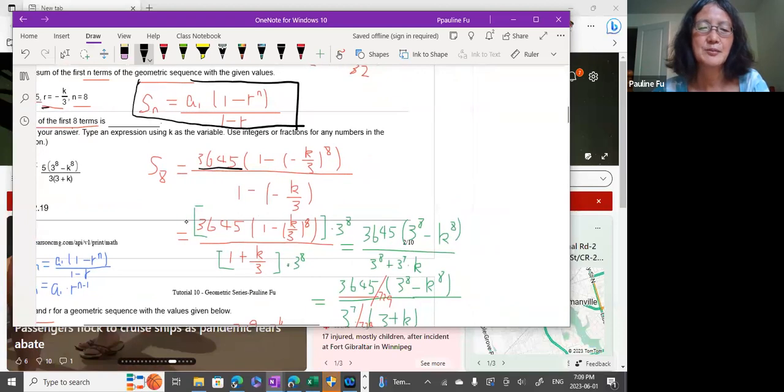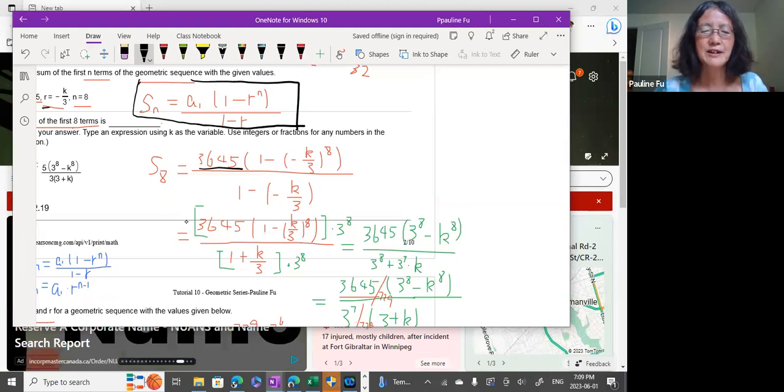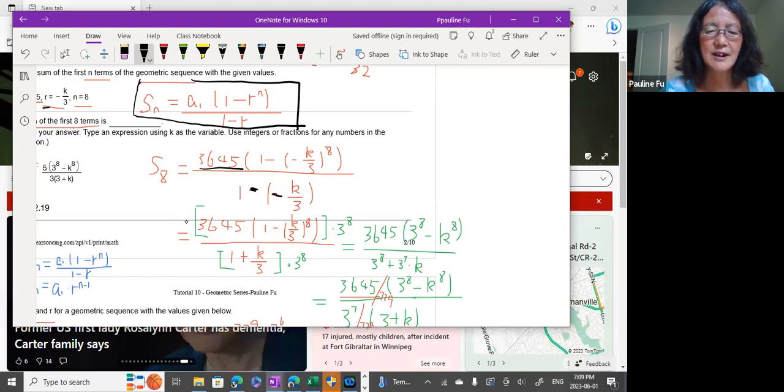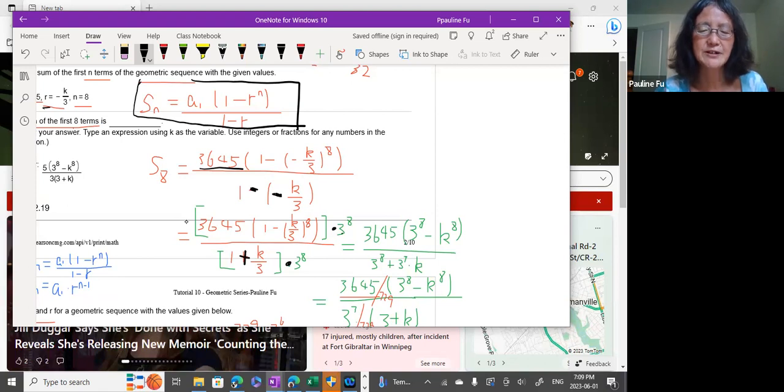Okay, and from here, you just need to simplify this fraction. One way to simplify this fraction, you see this is negative, negative, that becomes positive. And then both numerator and denominator times 3 raised to power 8.